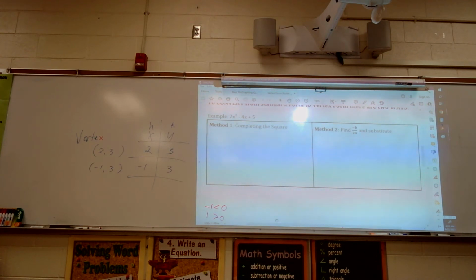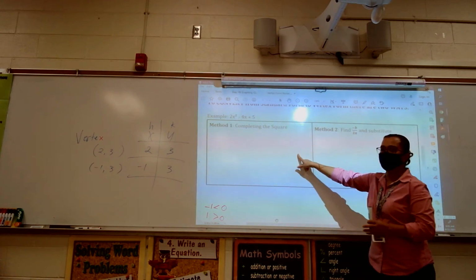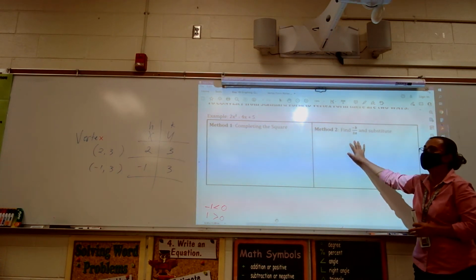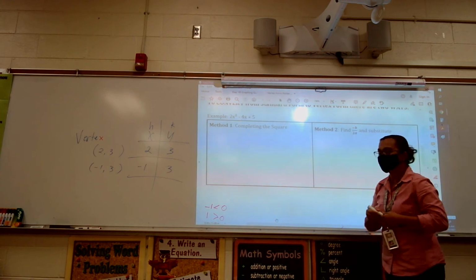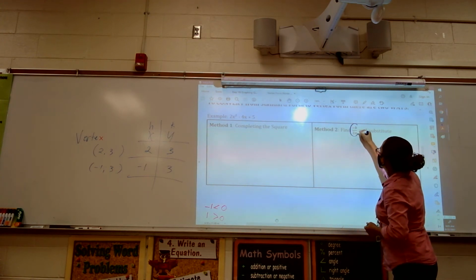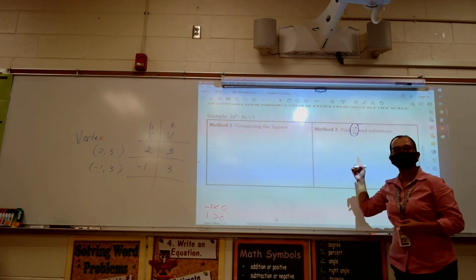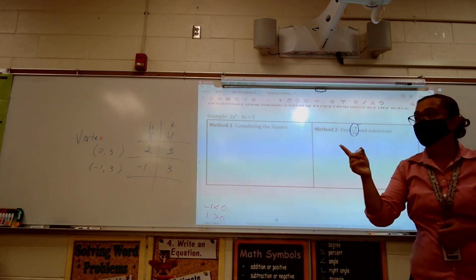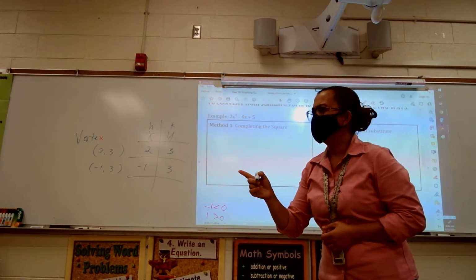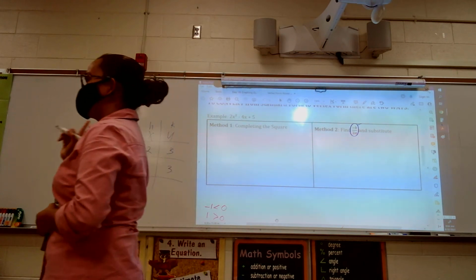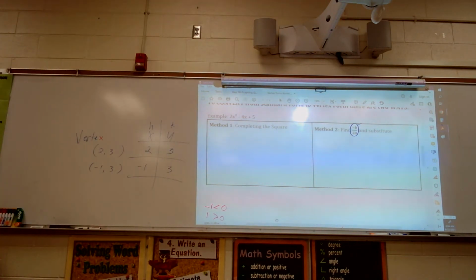No, not anymore. Okay. That's an excuse for me not to teach method 1 and skip it. I'll do it here. Alright? Now, who can tell me what the formula is all about? What is that formula? What does that stand for?